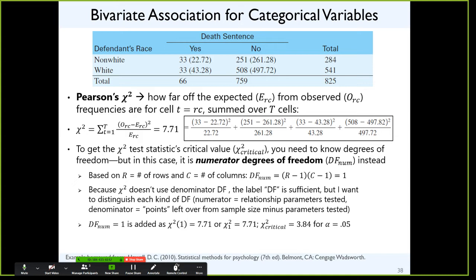Now the thing about chi-square that's different than the other distributions that you know is that it's only positive. It's in squared units because everything is positive. So we don't have to worry about the left side versus the right side. It's all right side.